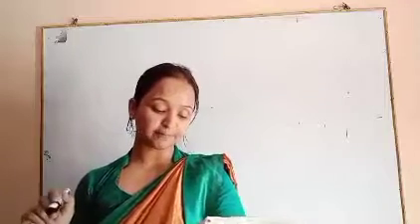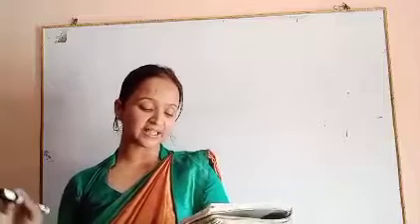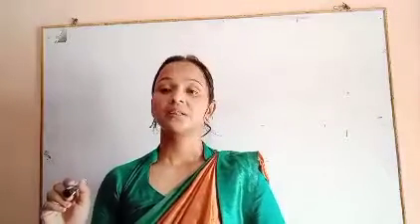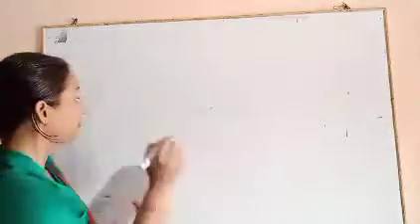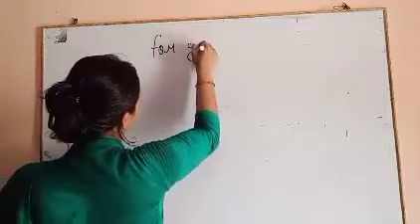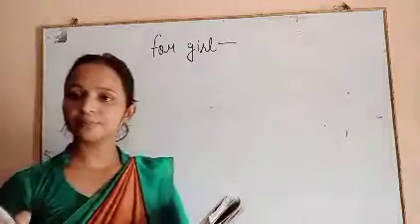Let us try to find the pressure exerted by each of them, assuming acceleration due to gravity is 10 meter per second square. So first for the girl.